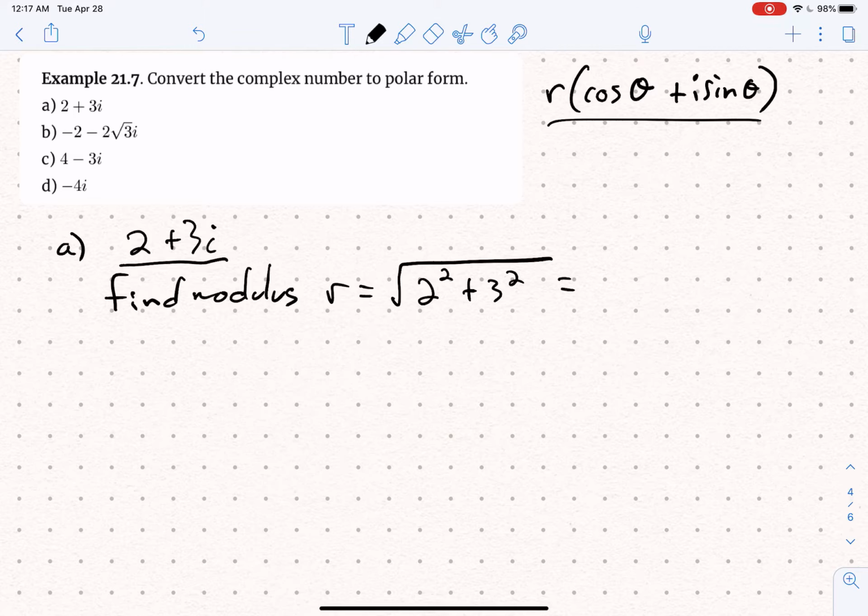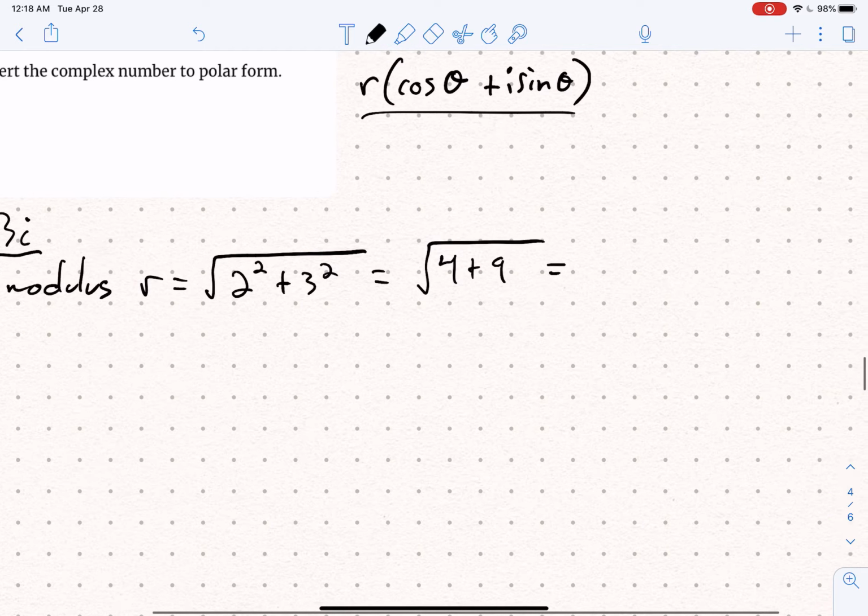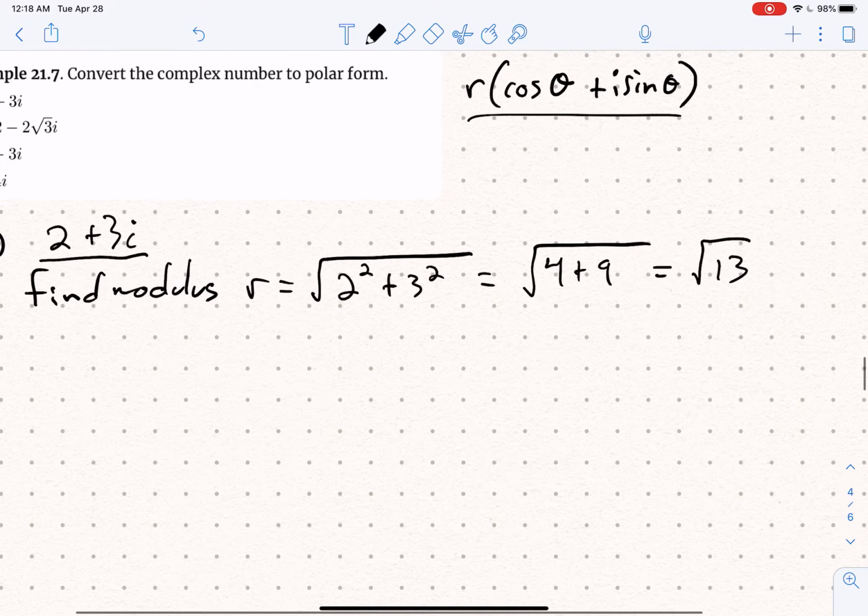This one we can simplify in our heads. This is radical of 4 plus 9, which is equal to radical 13. Of course, if we wanted a decimal version, we could use a calculator. Since 13 doesn't have a nice square root, we're just going to leave it like that. So we have found r. Now we want to find theta.